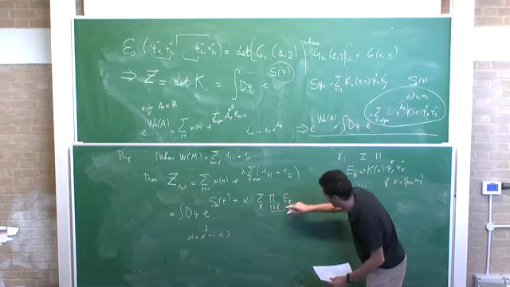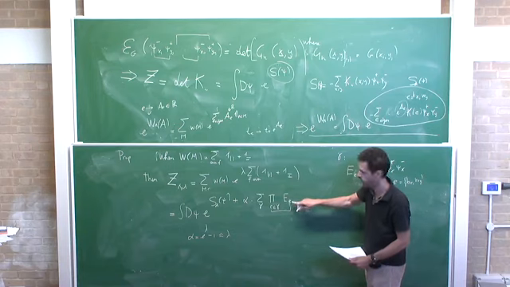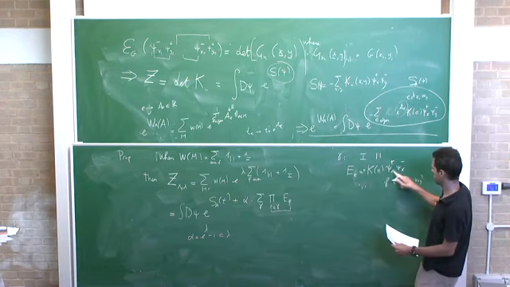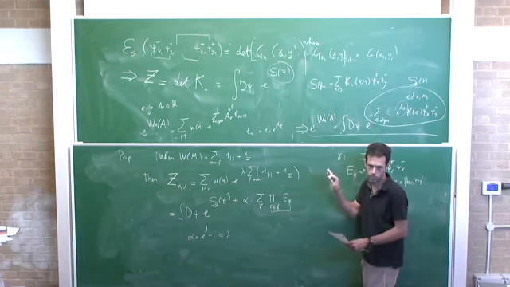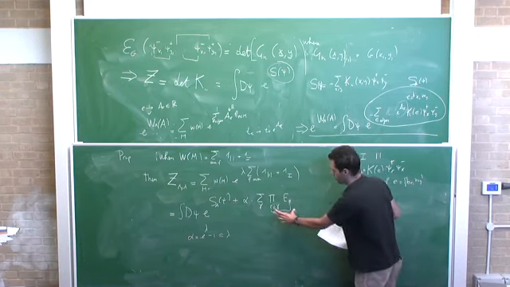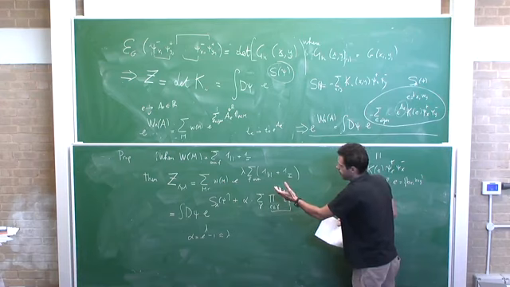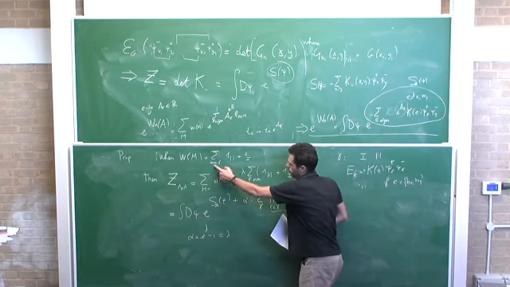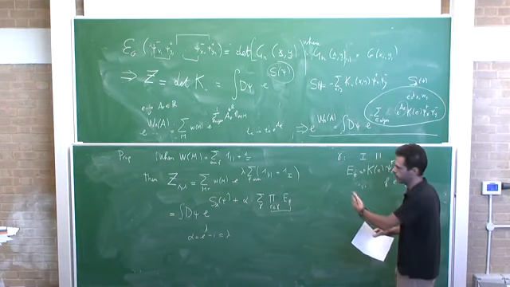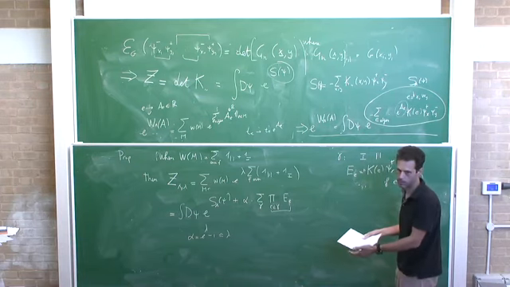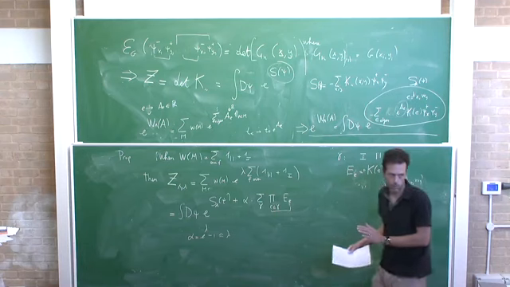Here you have just a product of 4 fields psi, because each E contains 2: a psi psi and another psi psi. So it's a 4-body potential. For other interactions, you also have 6-body terms, 8-body terms, and so on. This is what makes the proof a bit more awkward, but nothing more.